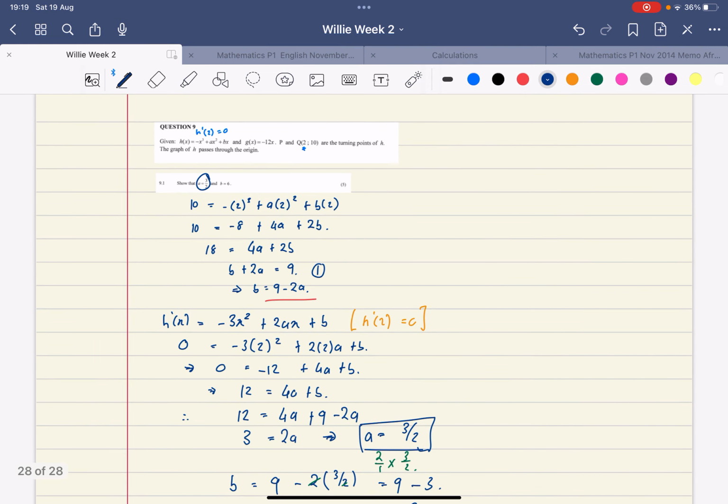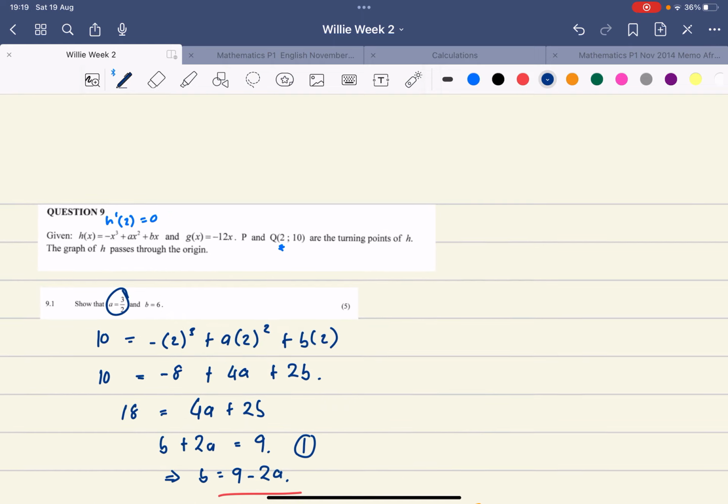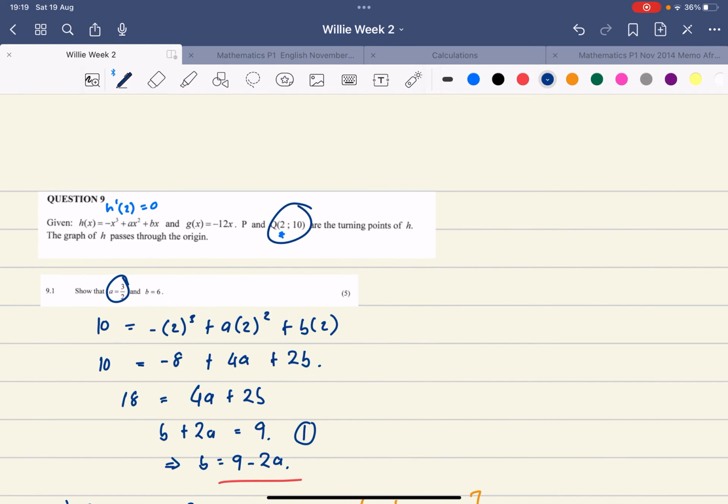Okay, so I hope you understand. Let me just go through the method one more time. Because we know Q is a turning point, and we know that at a turning point of a graph, again, this is just a rough sketch of some graph, the derivative at the turning point is 0. So that means the derivative function is going to equal 0 at x equals 2.